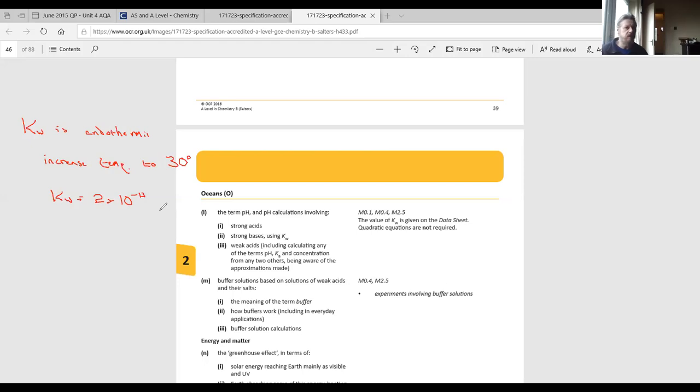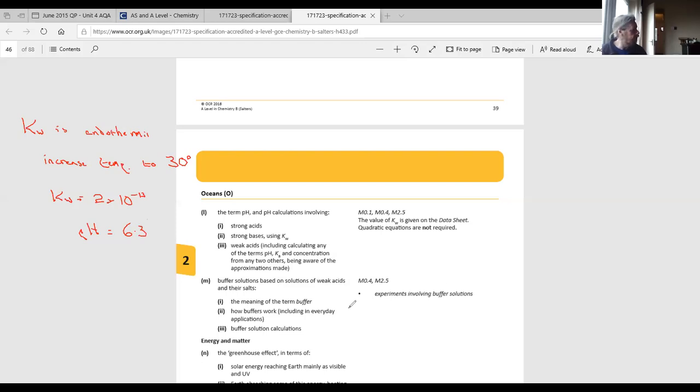So if you take the square root of that and minus log it, 2 times 10 to the minus... And then do I need to log that? Minus log it, yeah. It's minus log so that we get a positive answer. 8.3. So that's pure water, and yet it's neutral.